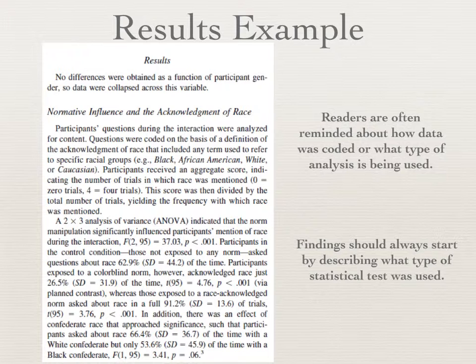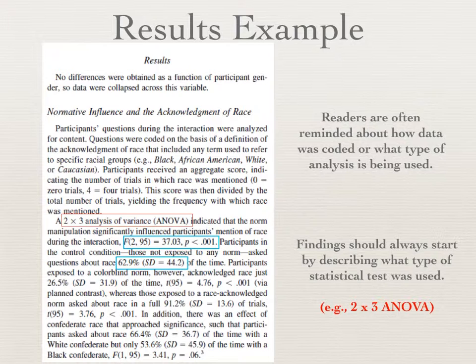So here they tell us that they're using a 2x3 ANOVA, which you can see right there. So in a 2x3 analysis of variance, ANOVA, it indicated that the manipulation significantly influenced participants' mention of race during the interaction. So they found a significant effect. And then they have their F statements.